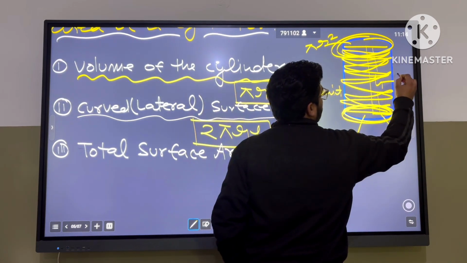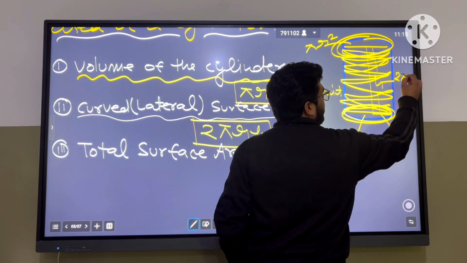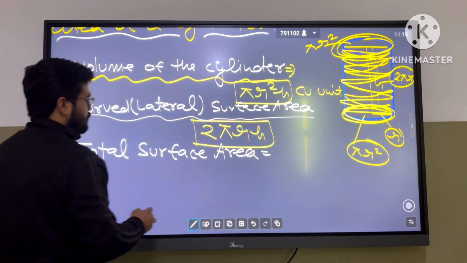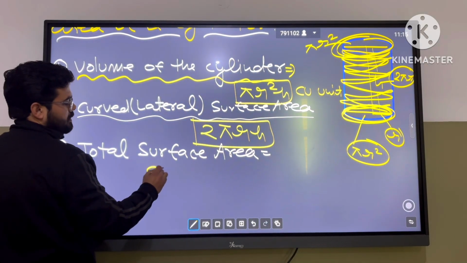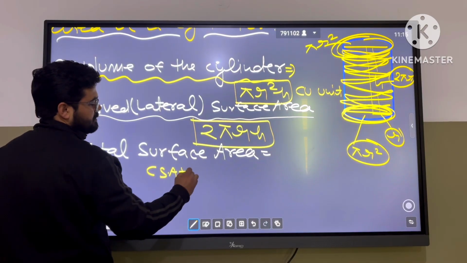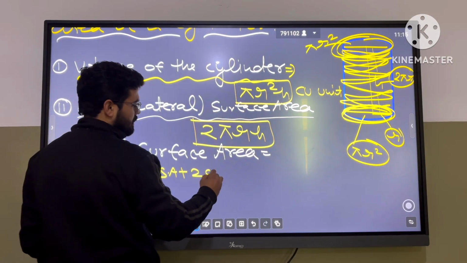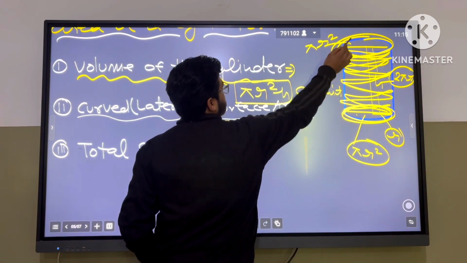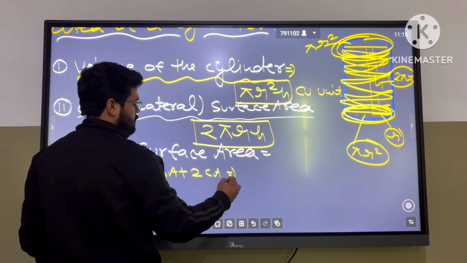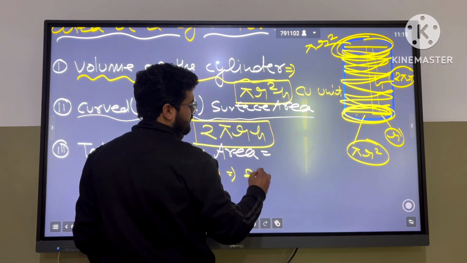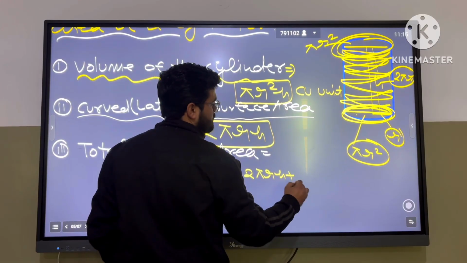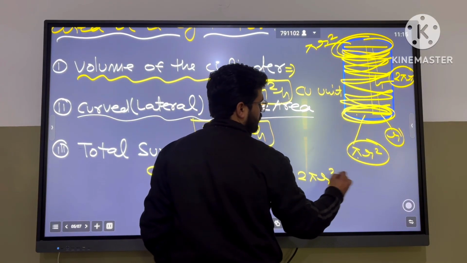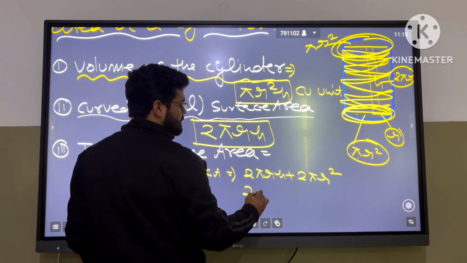And the curved surface area is 2 pi r h, as we discussed above. So the total surface area is the curved surface area plus 2 circular areas: 2 pi r h plus pi r square plus pi r square, that is 2 pi r square. We can take 2 pi r as common.